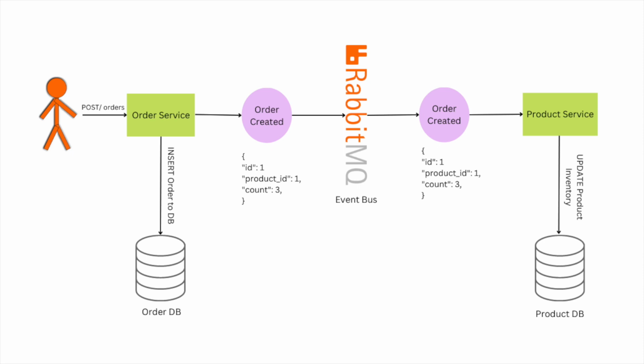Actually, the user will create an order by sending a post request to the order service, and the order will insert into the orders table, and the order created event will dispatch to the event bus that we will use RabbitMQ. Then the product service will consume the order created event, and based on the data inside the event, the inventory of the related product will be updated.